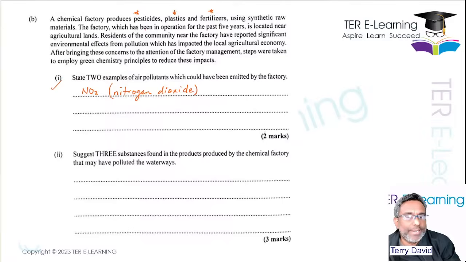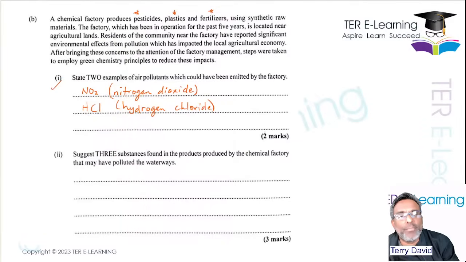Now look at the products again. You have pesticides and you have plastics. If you're manufacturing plastics, there's a good chance that you could get gases being produced here. So you could potentially get things like HCl gas. Hydrogen chloride, because if you burn some of these plastics, one of the products that we could potentially get is hydrogen chloride.